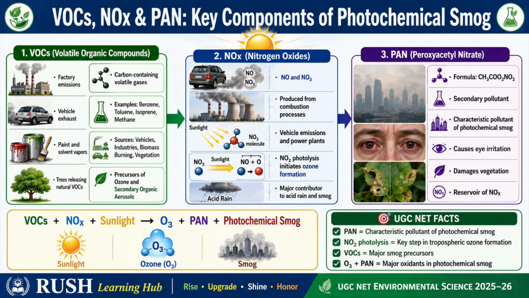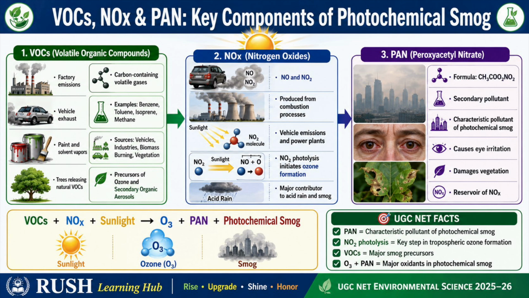Common examples of VOCs include methane, benzene, toluene, xylene, isoprene, and formaldehyde. Although VOCs may exist in low concentrations, they are extremely important because they participate in atmospheric oxidation reactions.